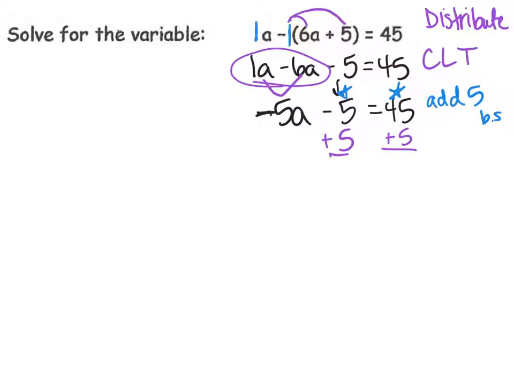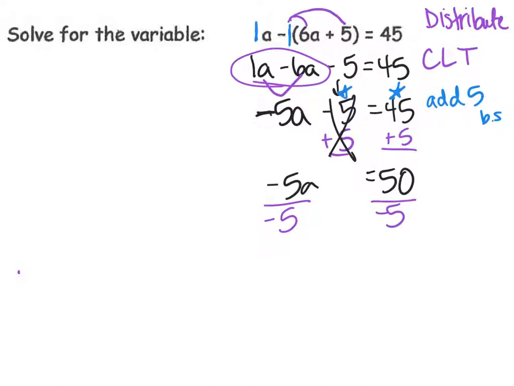Combine like terms second. And then add 5 to both sides. So negative 5A equals 50. Last thing, get the A alone. Let's divide by negative 5. A equals negative 10. Perfect.